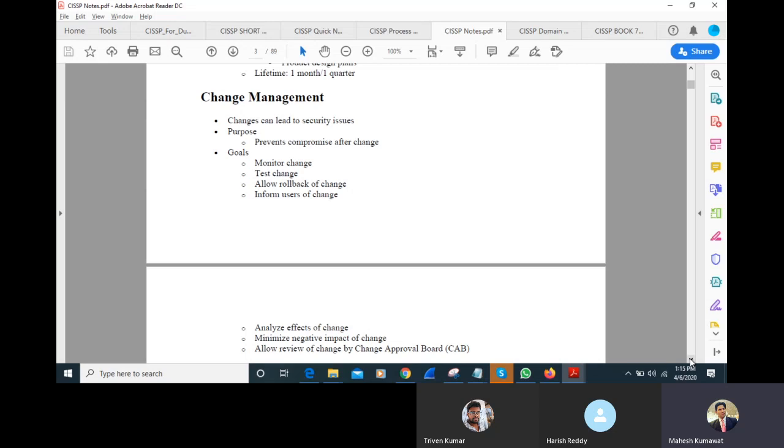We have some tools available. If a change is good, then it's okay. If any bad change has been done in the company, then we require tests of the change and analysis. Who is going to allow the change? The change advisory board basically allows it.